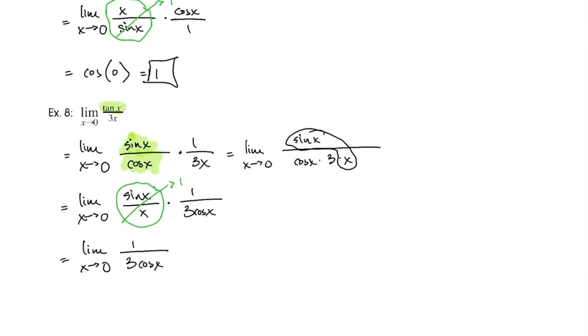We can factor out that 1/3 if we want to, or we could say, hey, I'm just substituting at this point. Let's see what we get. 1 over 3 cosine 0. That's 1 over 3 times 1, or 1/3. Okay, so if you want to factor that 1/3 out, that is absolutely fine. You'll get 1/3 times 1, and you'll still get 1/3.